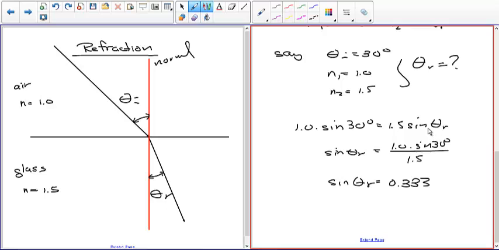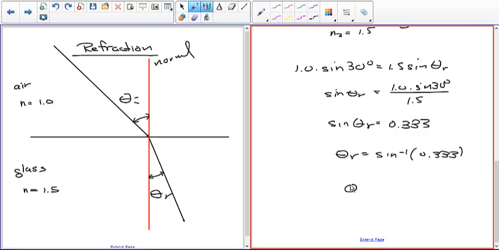The sine of 30 degrees is a half. So then you take the inverse sine. So the angle of refraction is the inverse sine of 0.333. And you get 19.5 degrees. Okay. If you had diamond, it would be refracted more. If you had water, it would be refracted less.